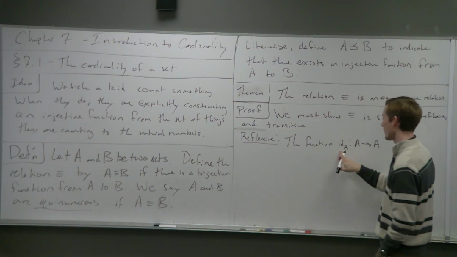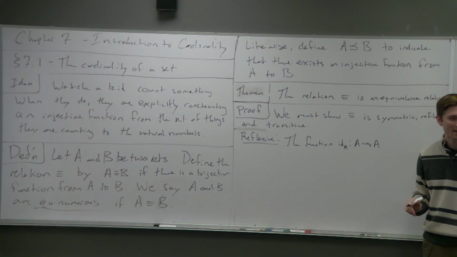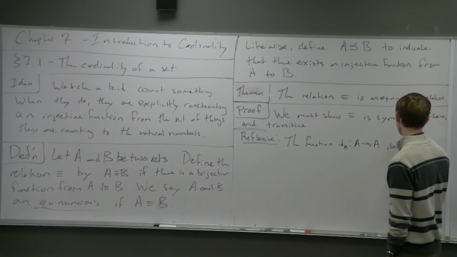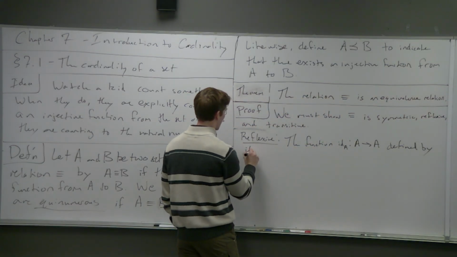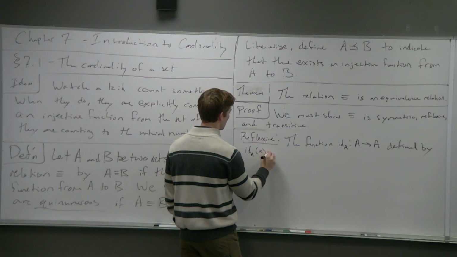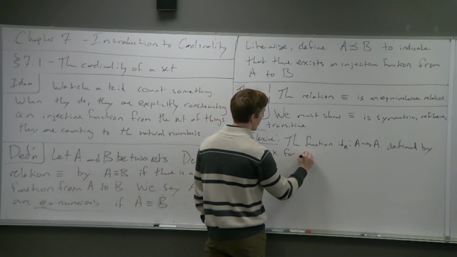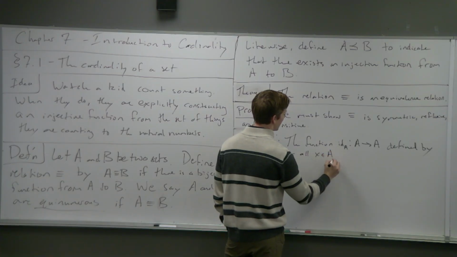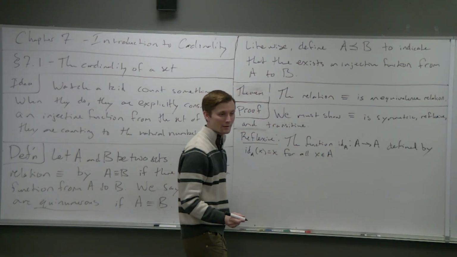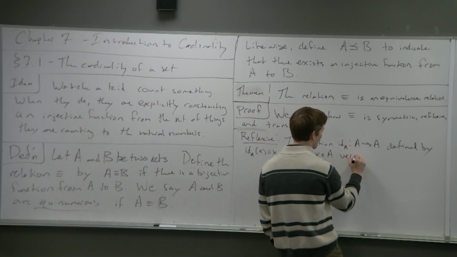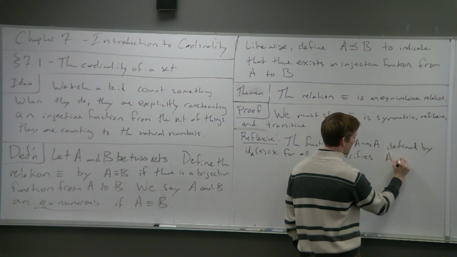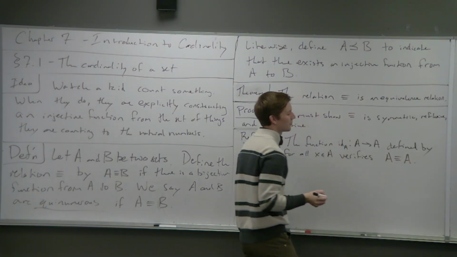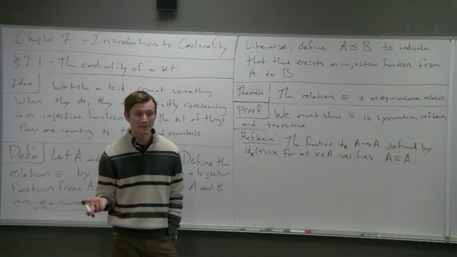The function, I'll write it as Id_A, from A to A, defined by Id_A(x) = x for all x in A, verifies that A and A are equinumerous.